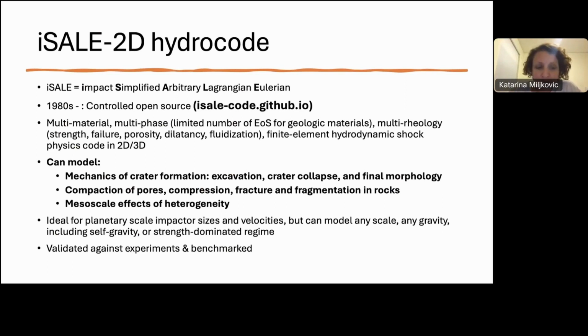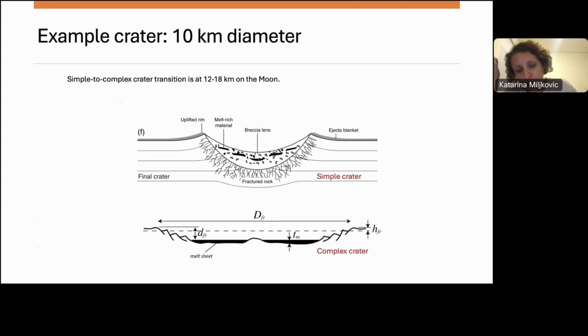It's been around for decades, but it's been actively developed by several teams around the globe. It has been validated against other codes and experiments. In a way, it has been benchmarked, so we know what we're seeing is right. So that's a really quick intro to the hydrocode and its capabilities.